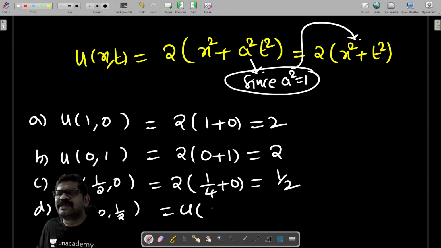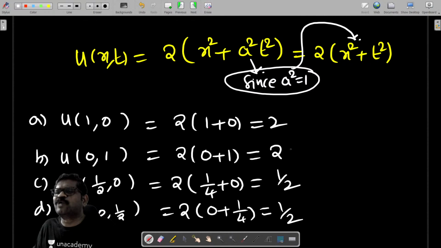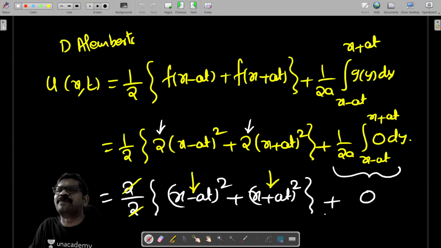U of 0 comma 1 by 2: 2 of 0 square plus (1 by 2) whole square, that is 2 by 4, that is 1 by 2. So the first two options are 2 comma 2, next two options are 1 by 2 comma 1 by 2. I am cross checking.